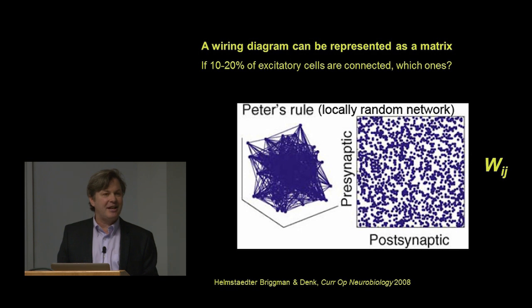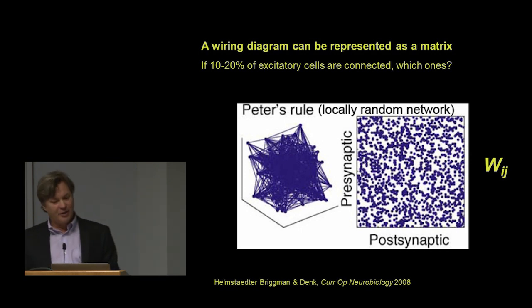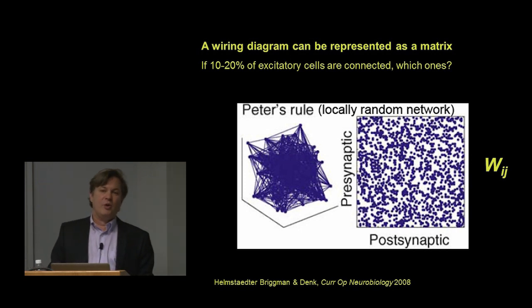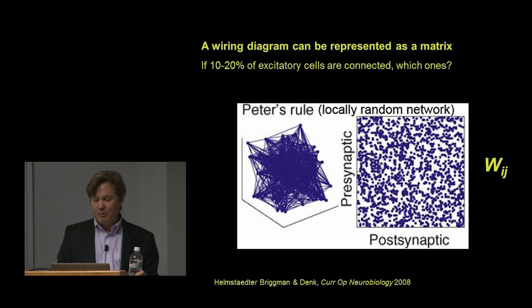It's pretty difficult to see that, so the easiest way of showing a network diagram is with a matrix, with the x-axis being postsynaptic neurons, the y-axis being presynaptic neurons, and let's say there are 100 rows, 100 columns, and a blue dot means that presynaptic neuron on row 17 connects with a postsynaptic neuron on column 62.